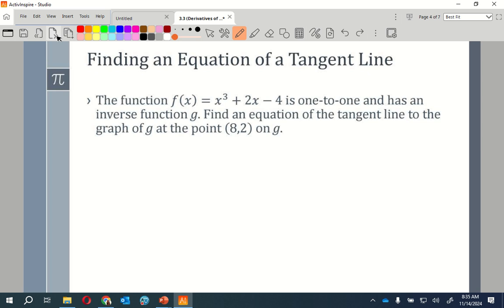Find the equation of the tangent line to the graph of g at the point (8, 2) on g. That's important. I would circle, highlight, underline, italicize, put quotations, a little star, an asterisk next to it, all that stuff.